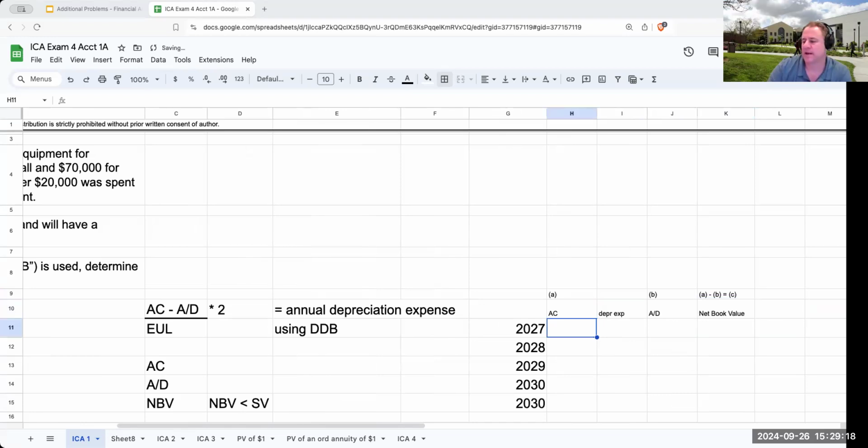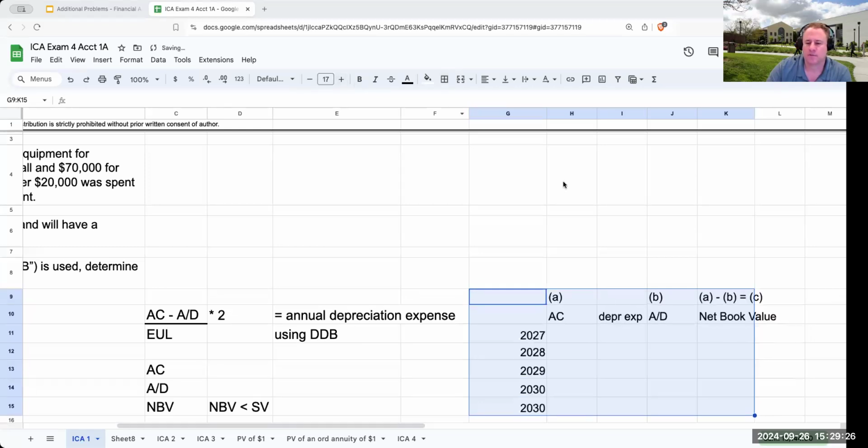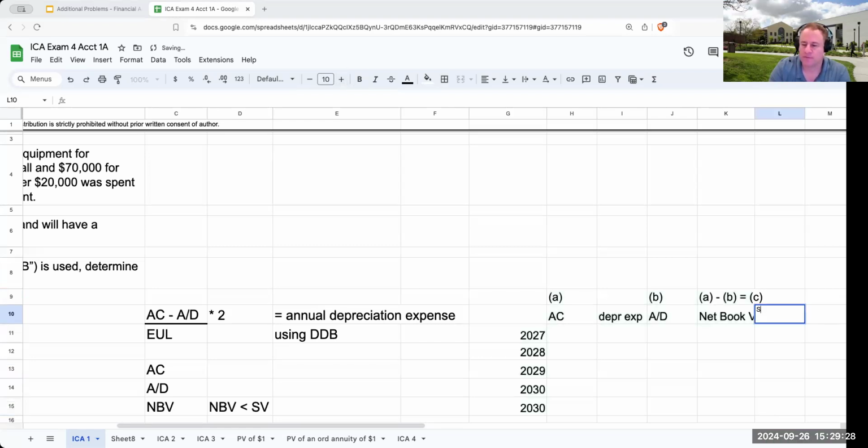Okay, so now with the net book value, we're going to compare that to our salvage value, or D. As long as C is greater than D, we keep depreciating.